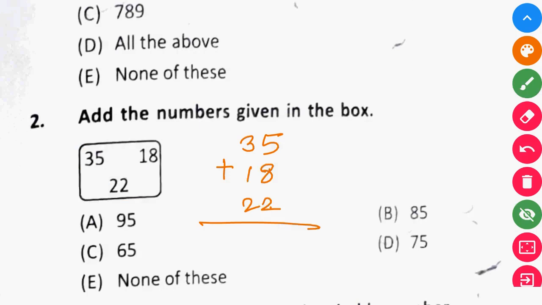So add them. 2 plus 8, 10, 10 plus 5, 15, 1 will be carried forward. 1 plus 3, 4. 4 plus 1, 5. And 2, 7. So 75 is the addition.